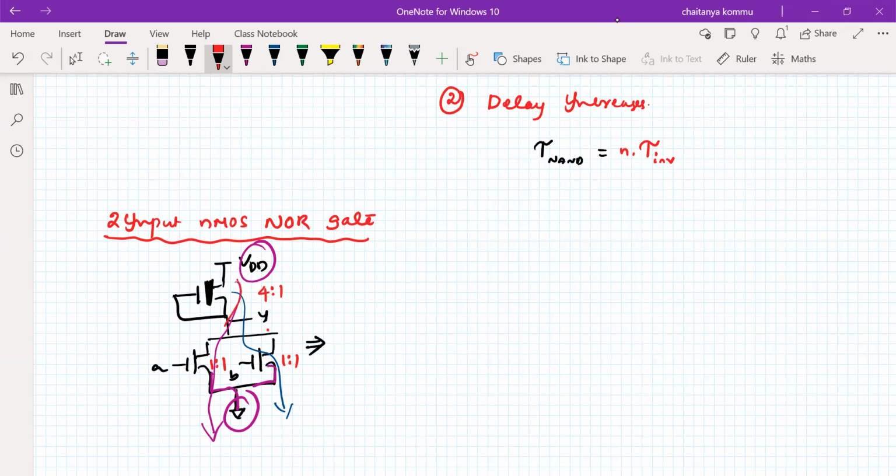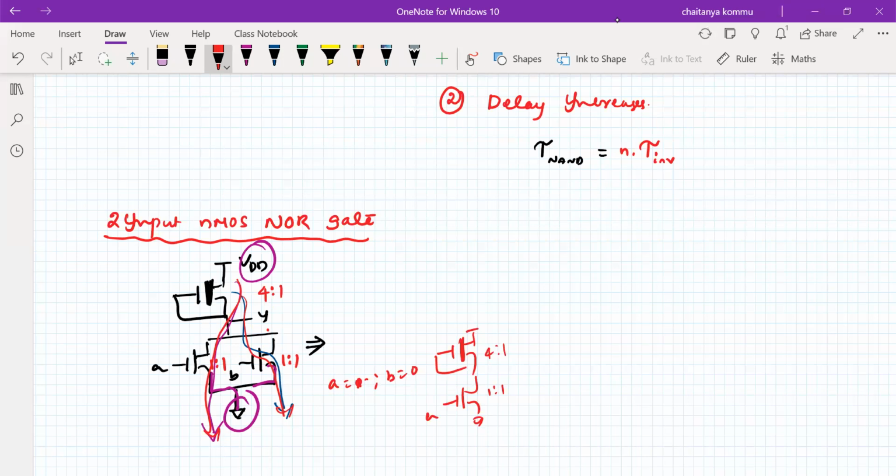Maybe this path or that path, but at any time only one particular path can be seen. For example, if A is equal to 1 and B is equal to 0, it is simply an inverter-like structure, with A complemented. So we are maintaining the same ratio.